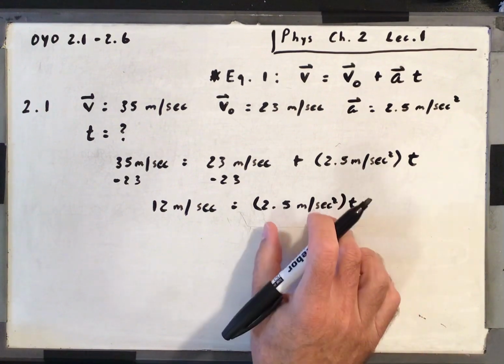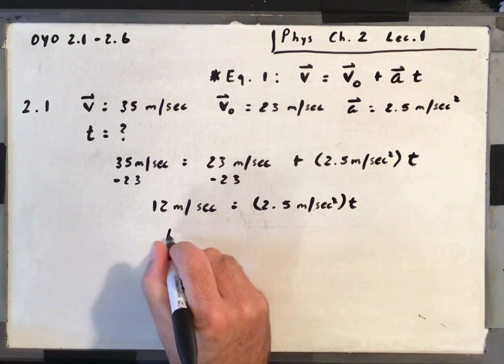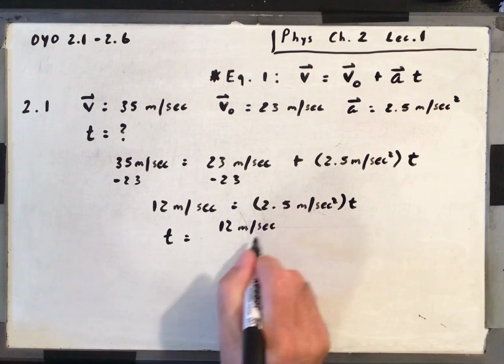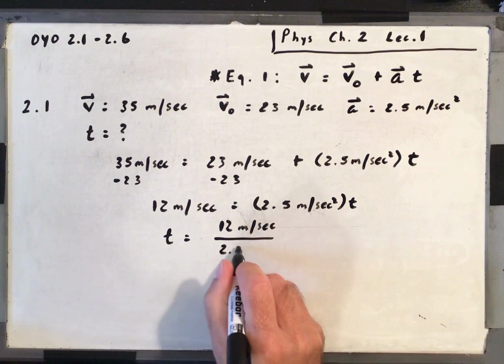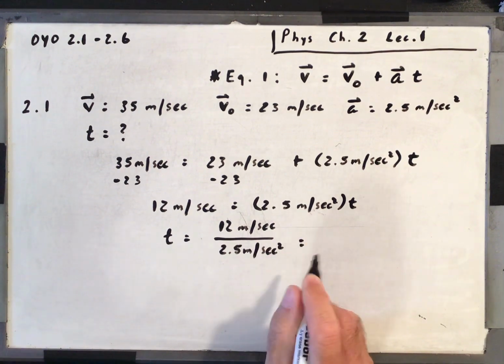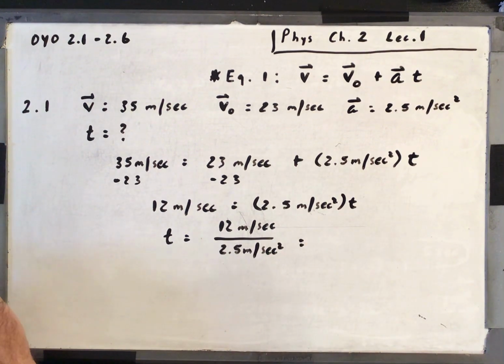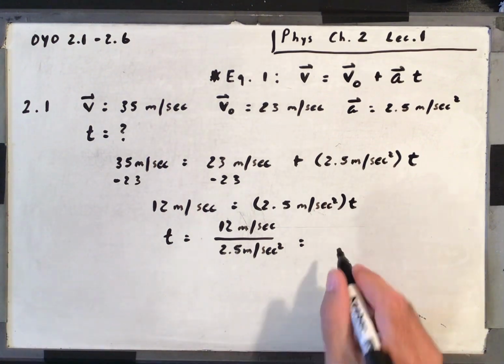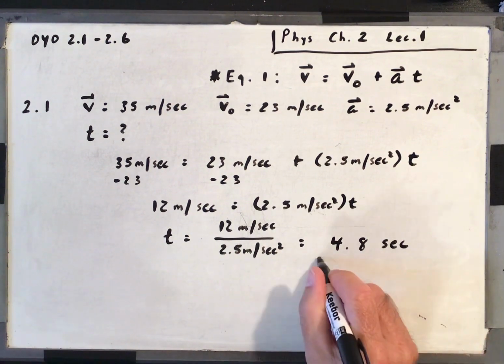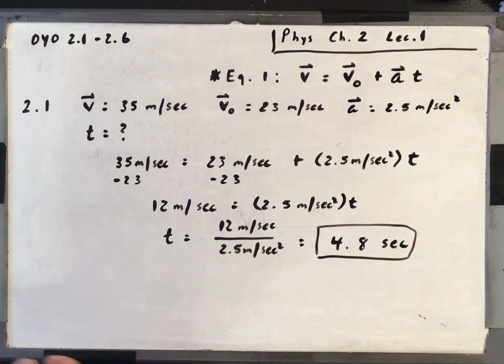So solving for time, we're going to bring the 2.5 underneath the 12. When you do 12 divided by 2.5, you'll get 4.8 seconds. So pretty cool.